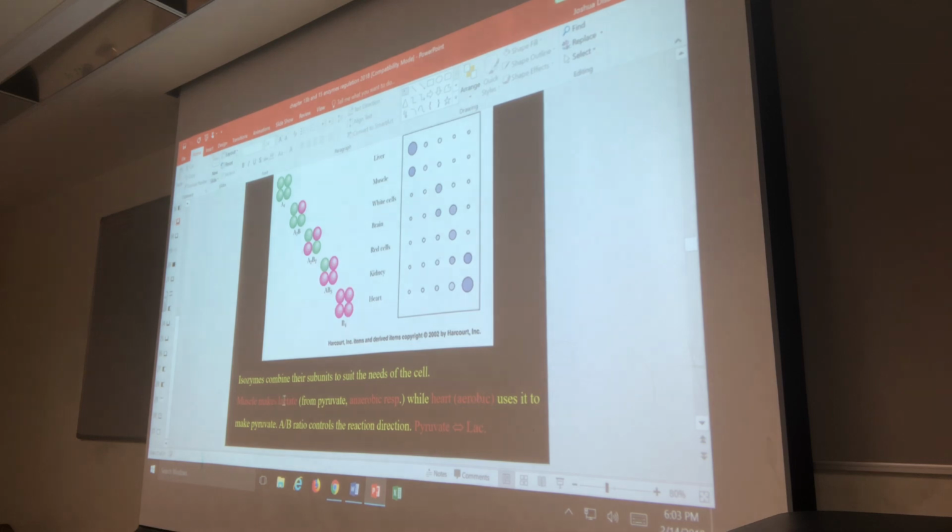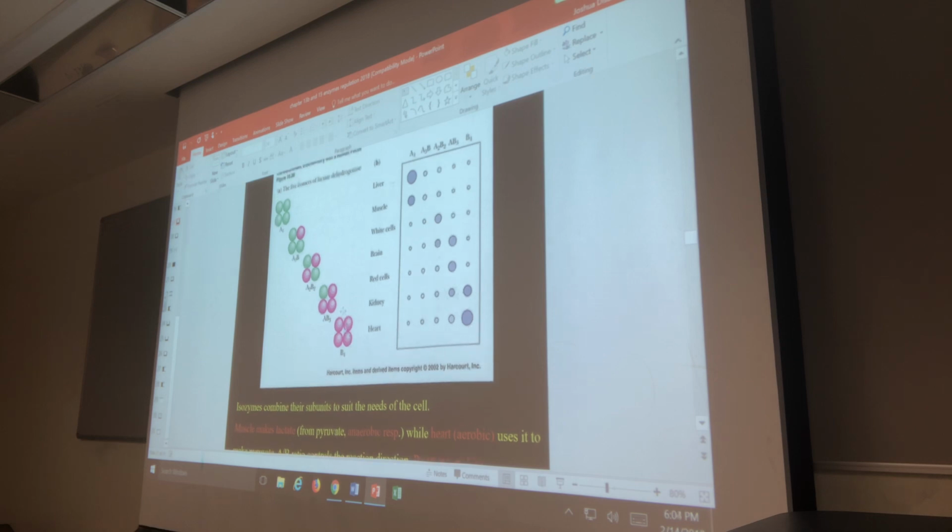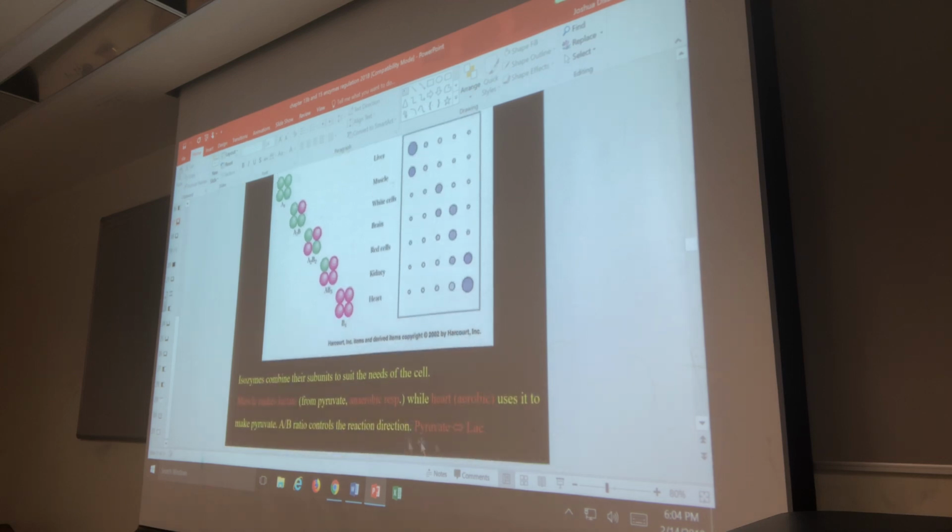The version in muscle and liver is going to go the other way around. It's going to convert pyruvate into lactate. But don't worry about A2, B2, whatever. Just in general, what does lactate dehydrogenase do? It catalyzes one of two possible directions in this reaction here, and it is an isozyme.